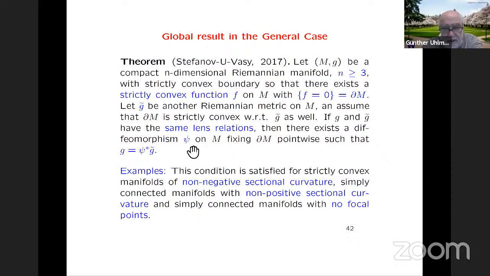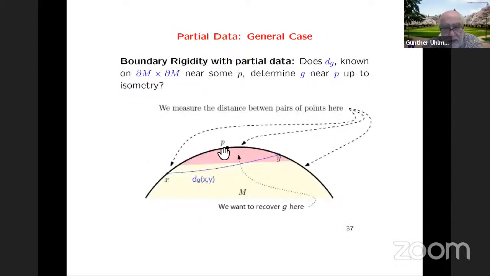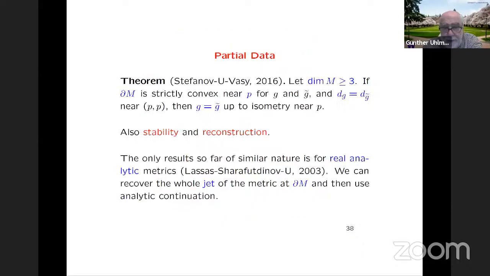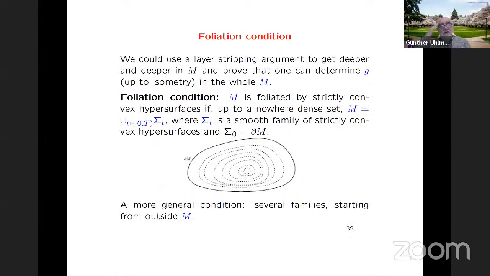You don't consider the geodesics going from the point P to the other side of the boundary, for instance. Okay, so the question is whether this is injective or you can invert it.